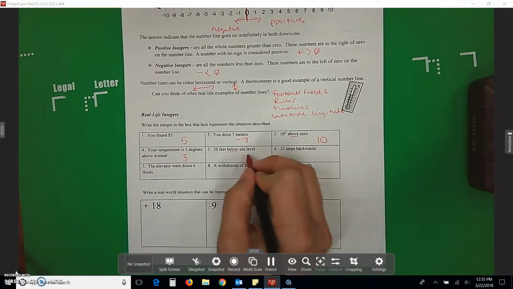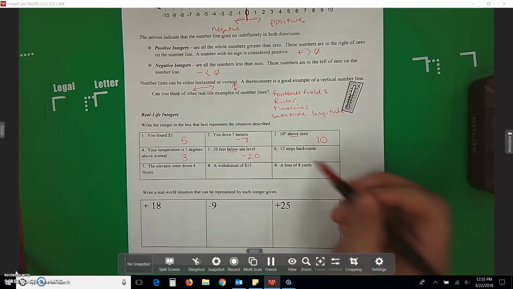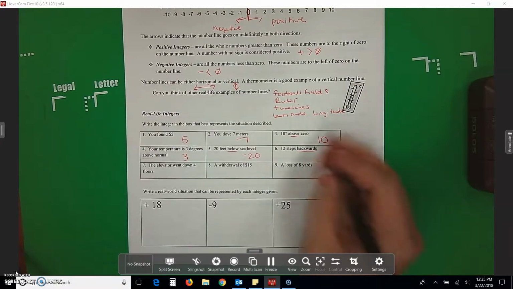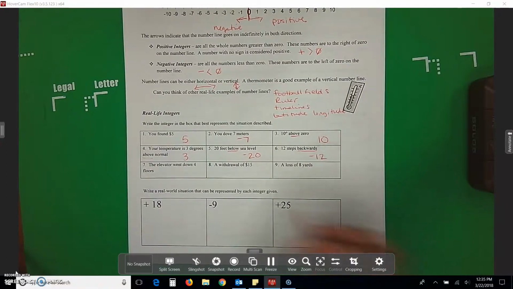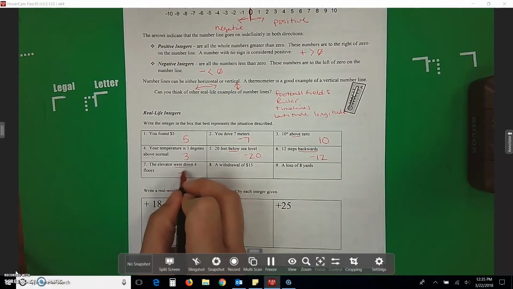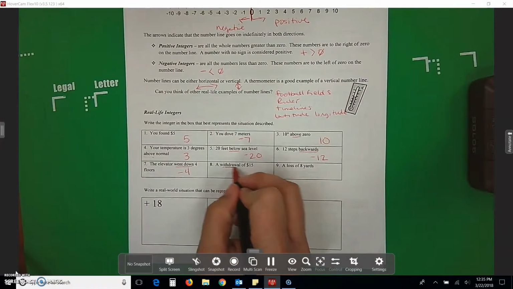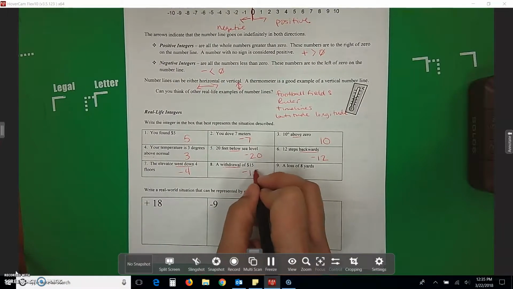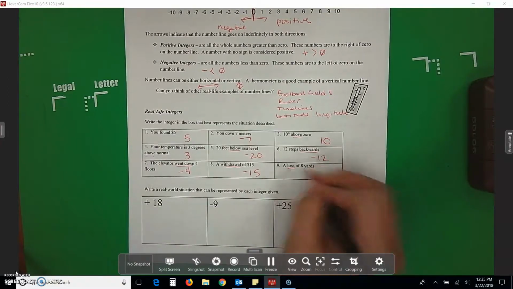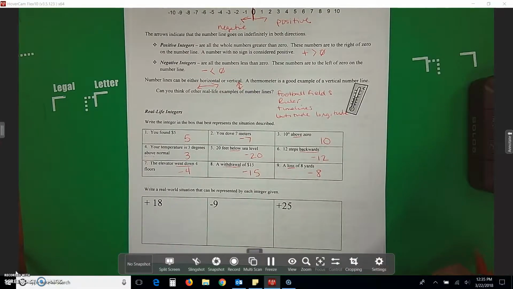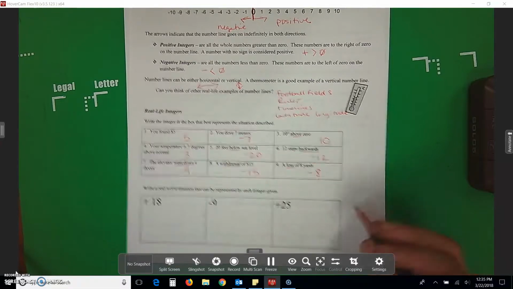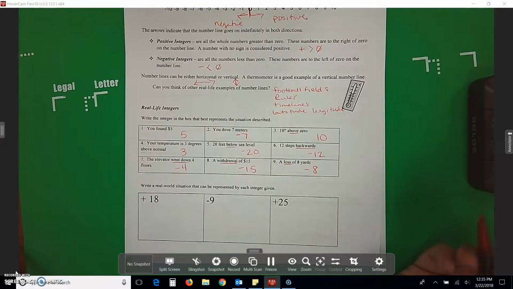Below is a negative. 12 steps backwards, that's a negative. Down is a negative. Withdrawal, which means taking away, that's a negative. And a loss is a negative. Okay? So anything that's positive or up is a positive. Anything that is taking away or going backwards is going to be a negative.